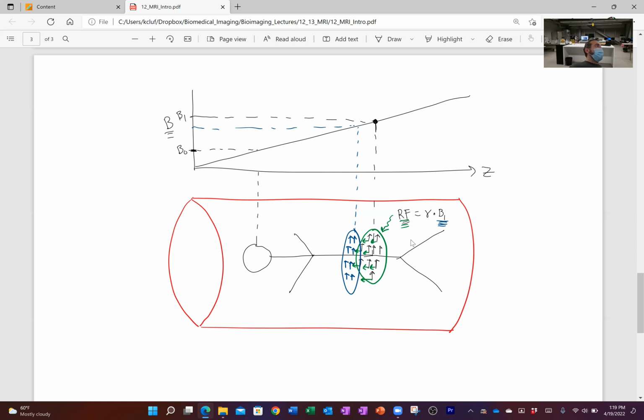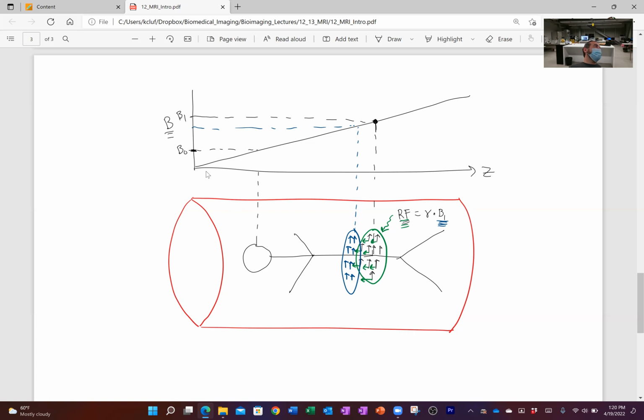And so what we do in the tube is we put a strong external magnetic field, a B field, but it's not a constant B field. Instead, the intensity of the B field has a gradient. It's a gradient B field, okay? Meaning it's stronger over here and weaker over here, okay?